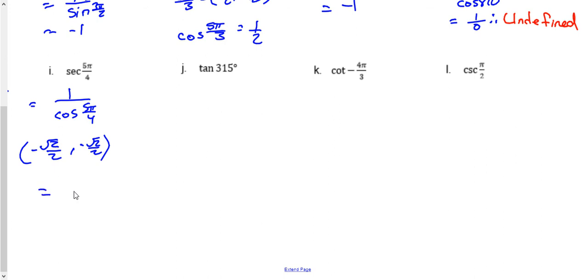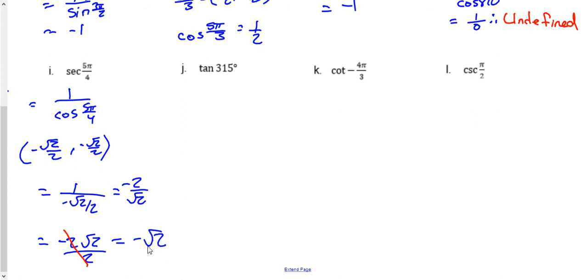So this is now 1 divided by negative root 2 over 2, which gets you to negative 2 over root 2. Rationalizing top and bottom, you end up with negative 2 root 2 all divided by 2, and your 2's cancel out on the outside and that 1 in the bottom. This one here you can't cancel out because it's in radical, so you end up with ultimately negative root 2 for an answer.